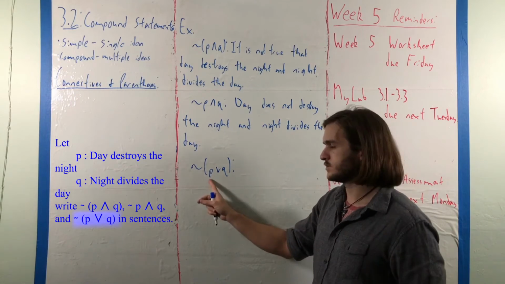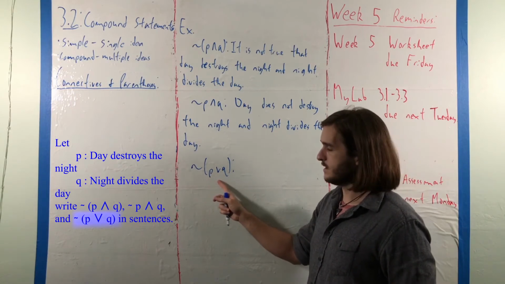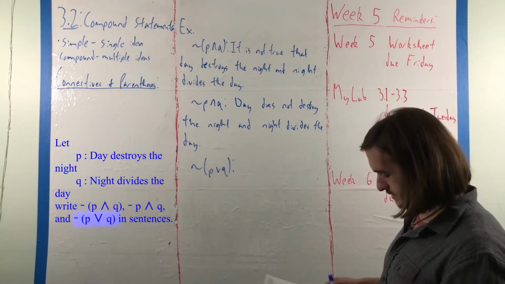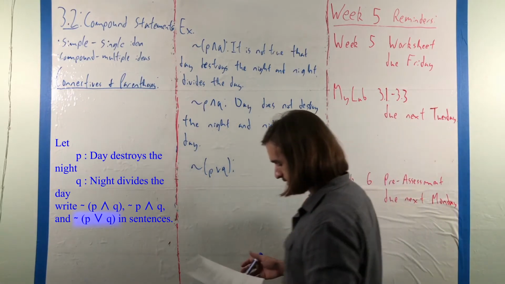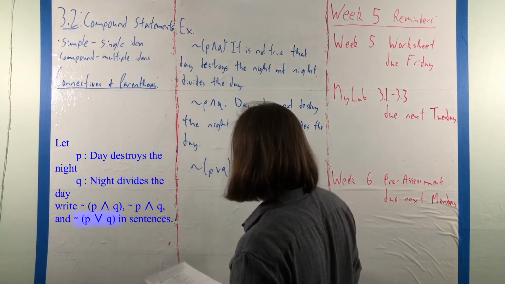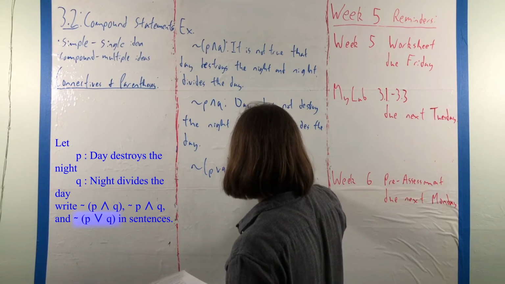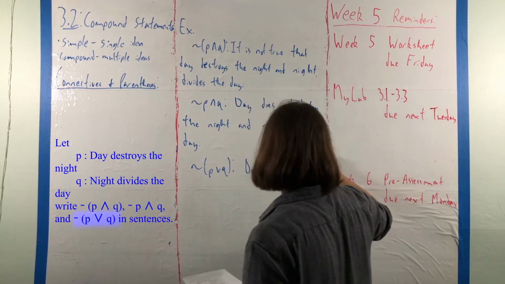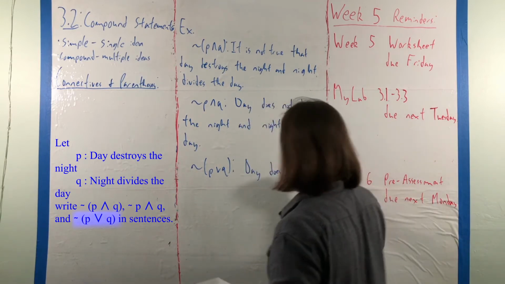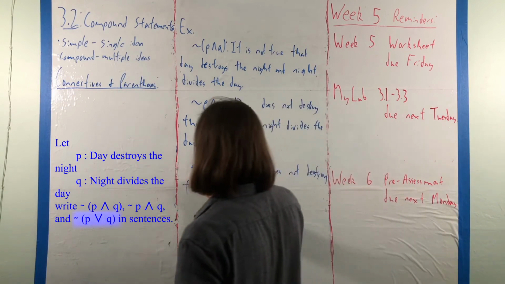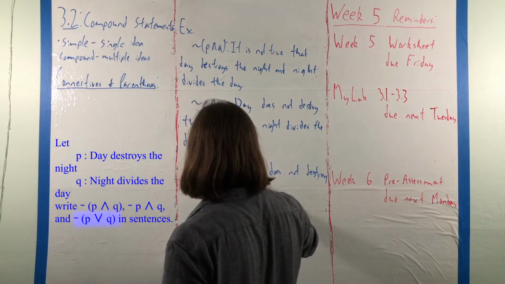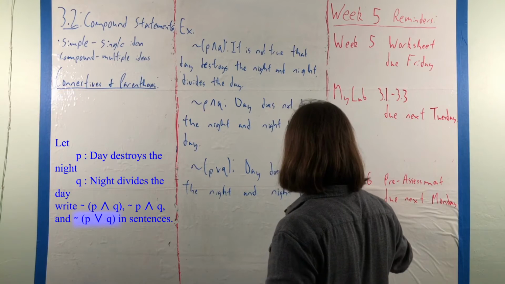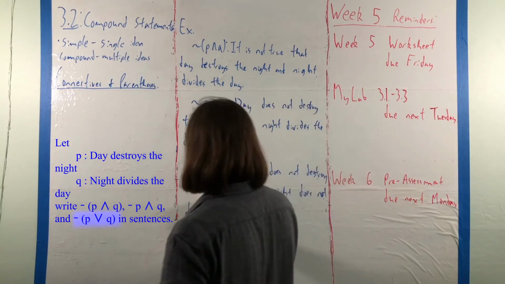That would be day destroys the night or night divides the day, where if we negate that, we could turn that into something in a couple of different ways, but the easiest way that we could maybe do that is: day does not destroy the night and night does not divide the day.